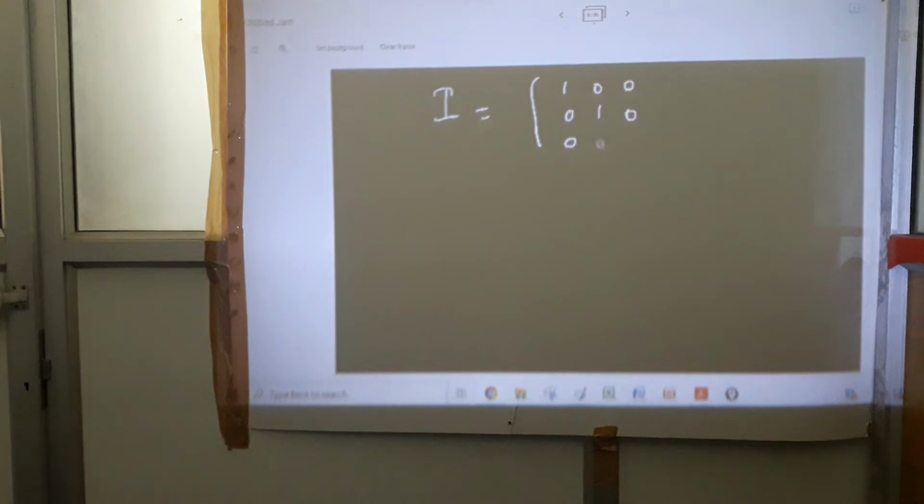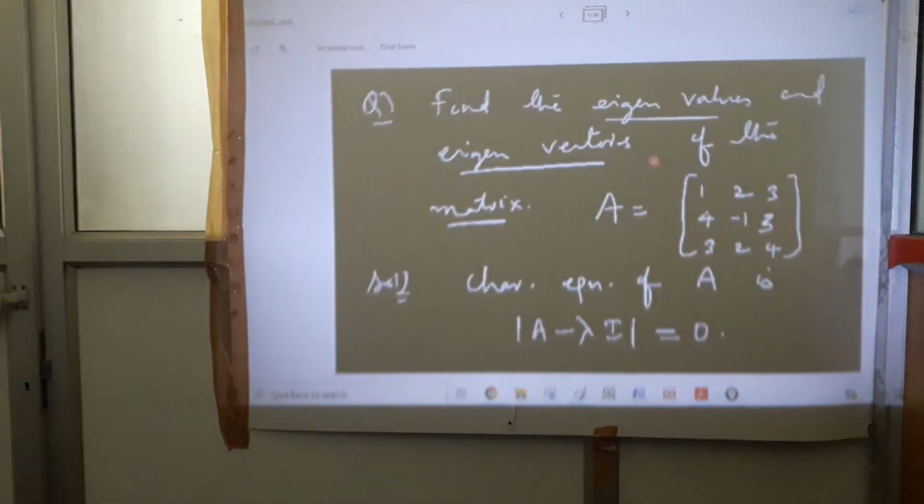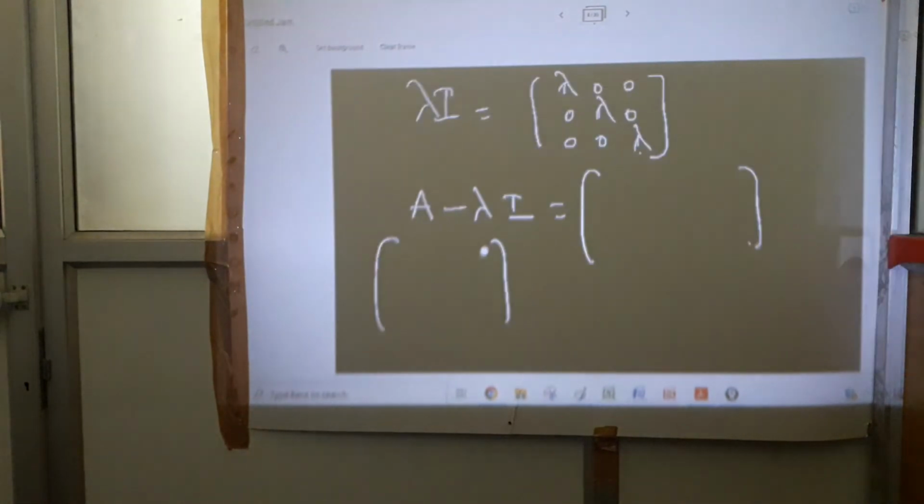I am explaining for 3 by 3, that's why I am writing this. And lambda I will be lambda multiplied with that, so lambda will appear here. Now A minus lambda I will be the same matrix, just with minus lambda appearing on the diagonal. A we have written as 1 2 3. So when you subtract lambda I from here, what happens?